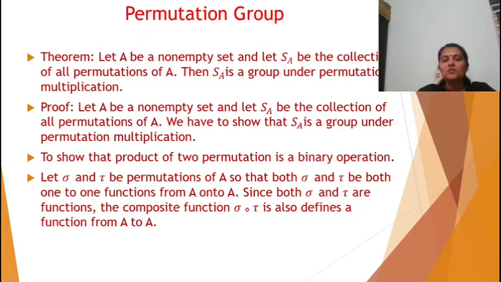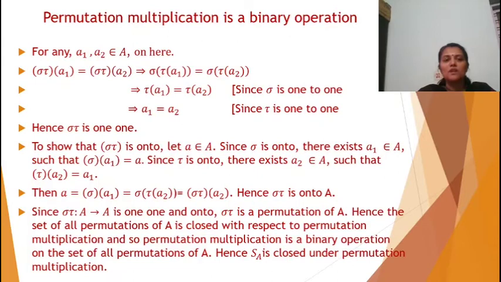Now we have to show that this composition is 1-1 and onto. First we show that it is 1-1. For that we take two elements A1 and A2 from A. Then sigma tau of A1 is equal to sigma tau of A2 implies sigma of tau of A1 is equal to sigma of tau of A2.